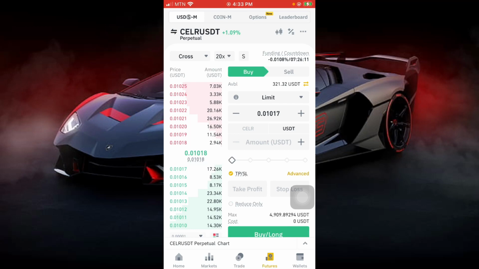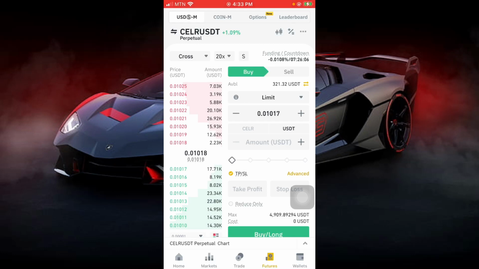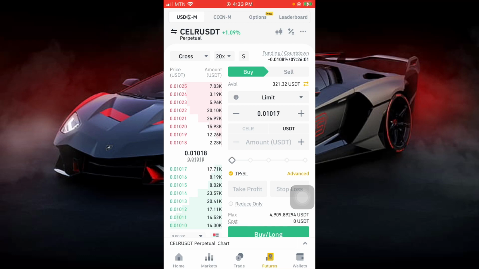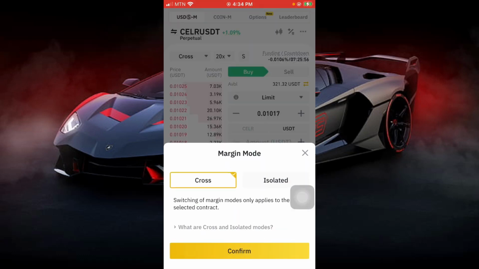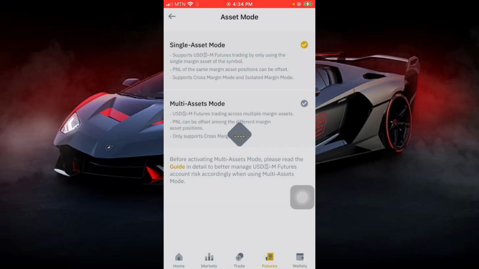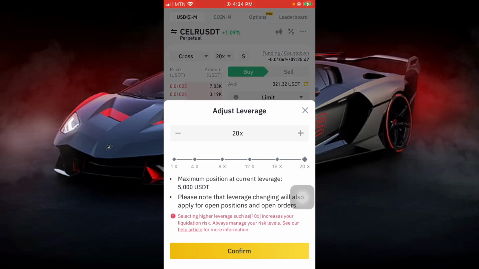When you click on futures, we have the cryptocurrency pair here. Then we have cross margin and isolated. Please, if it is your first time and you are using my signals, just leave it at cross margin. Then we have isolated here, asset. So just leave it at isolated asset mode. Then you can either reduce the leverage or leave it. If your balance is less than $50, please reduce your leverage to 10 or 16.